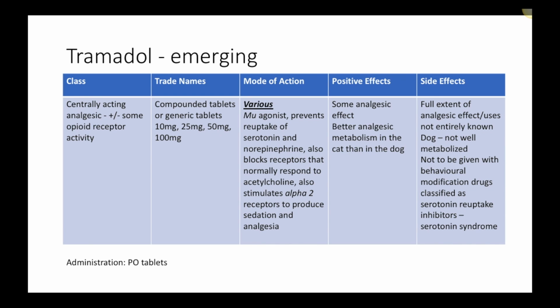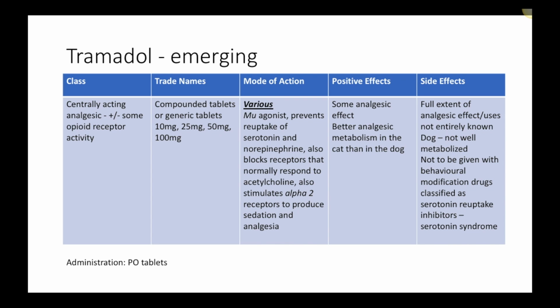It's quite a mouthful, because we know that it already prevents the reuptake of serotonin. So in the brain, if we have too much serotonin circulating, we can get this disease process called serotonin syndrome. And that can happen with all sorts of drugs, but tramadol is one of those drugs that we have to watch out for serotonin syndrome with.